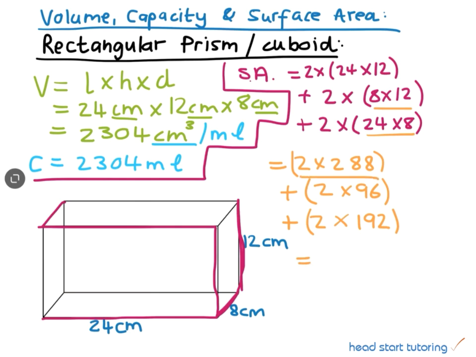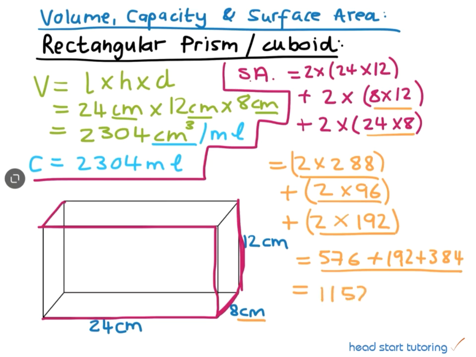Right, so 2 times 288 is 576, and then we add 2 times 96, which is 192, and then we add 2 times 192, which is 384. And when we add all of those together, remember that these are each in centimeters squared. So when we add those together, we end up with an answer of 1152 centimeters squared.